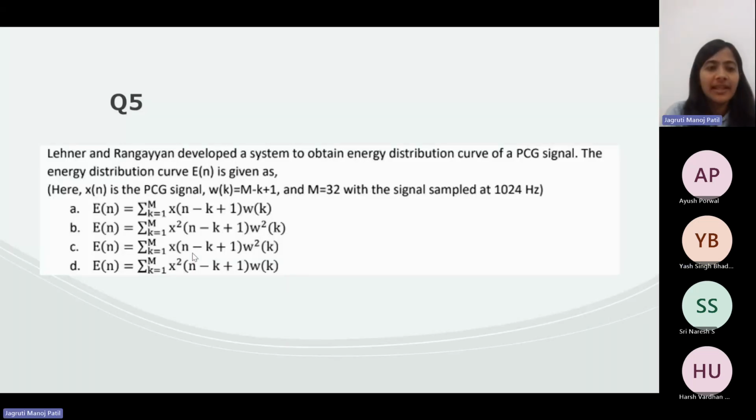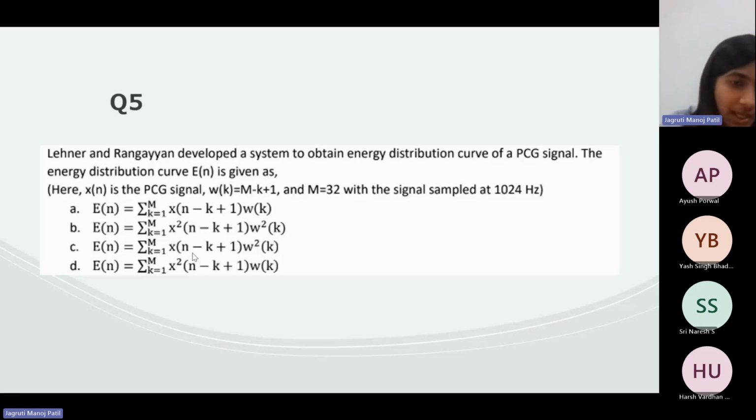Okay, so Lehner and Rangayyan developed a system to obtain the energy distribution curve of a PCG signal. The energy distribution curve is given as, where x of n is a PCG signal, w_k varies as this, and M is 32, with the signal sampled at 1024 hertz. So we saw, I guess, the definition for the signal where energy was the square of the signal with the weighted function.